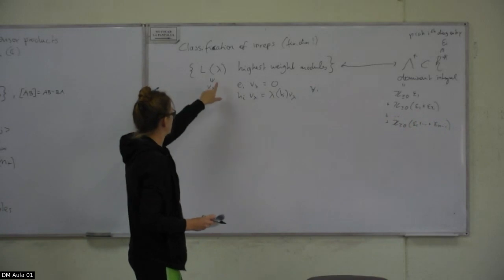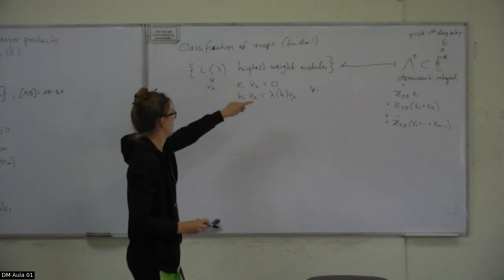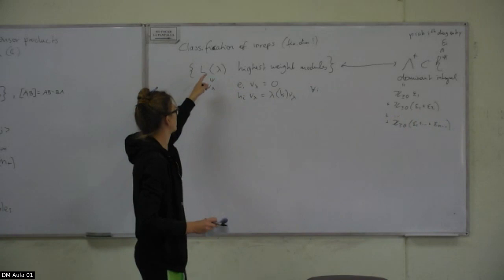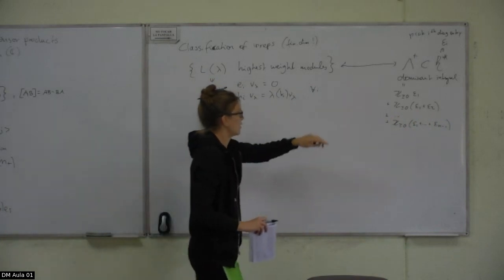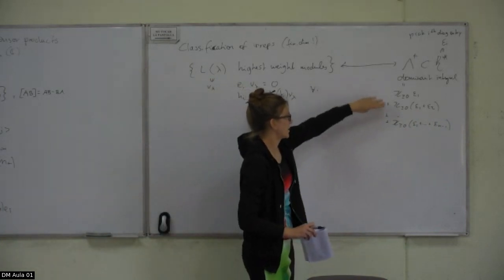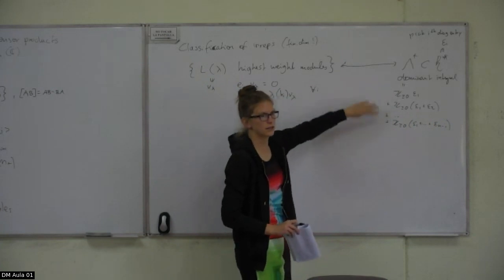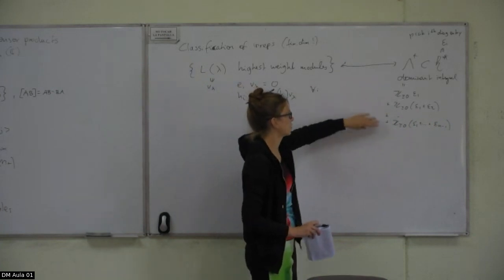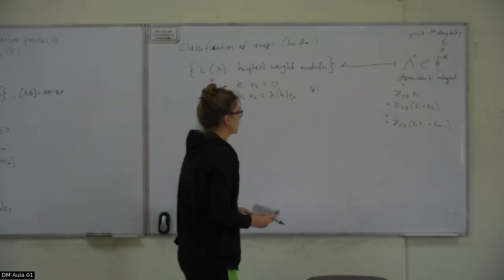Every such highest weight belonging to a finite dimensional irreducible module needs to be of that form. So it's just a linear combination with integer coefficients greater or equal to 0 of these weights.